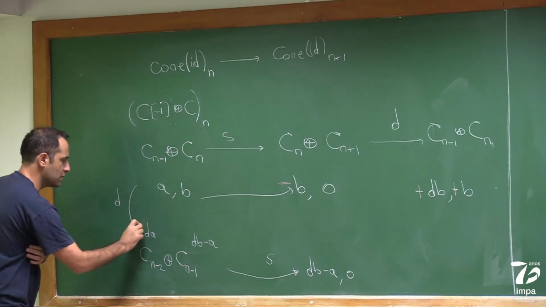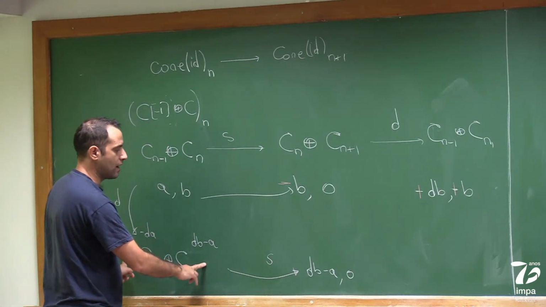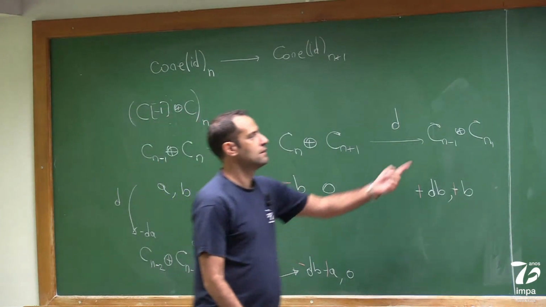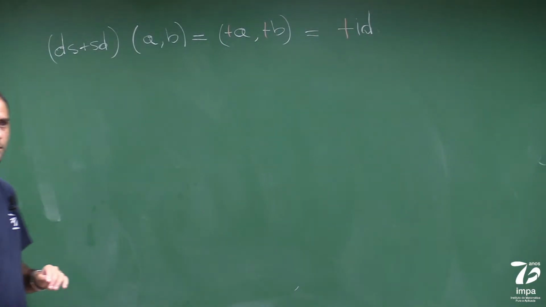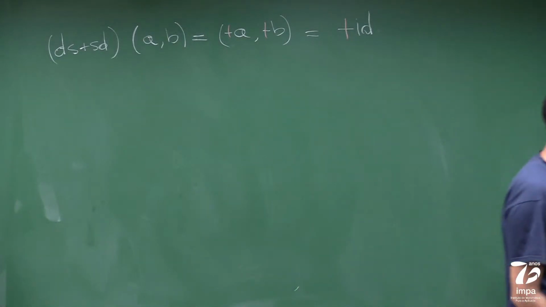Now here this is fine because this is d, there's no change here. But then on the splitting, you're going to have minus here and a plus here, and you're going to get a plus and a plus here, and then plus identity. So this explicitly shows that the identity is null homotopic, and if it's null homotopic, we've already checked that it induces a zero mapping in homology.